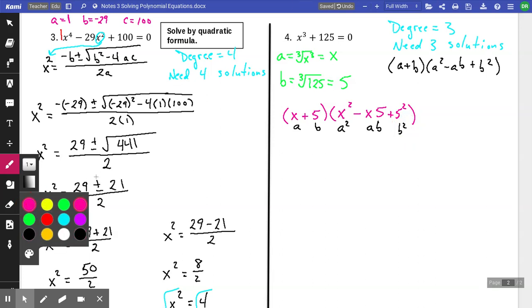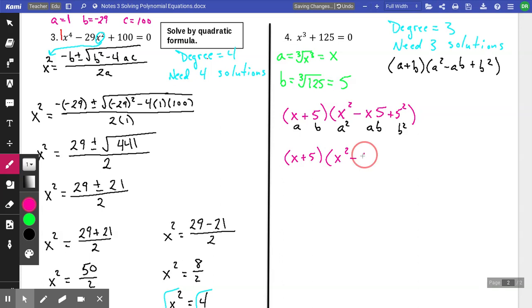So it looks like we put everything in the right places. Now we want to simplify a little bit. So we have x plus 5 times x squared minus, we should really reverse the order there. We more commonly write this as 5x. And then we know 5 squared is the number 25. And then keep in mind all of this is equal to 0.